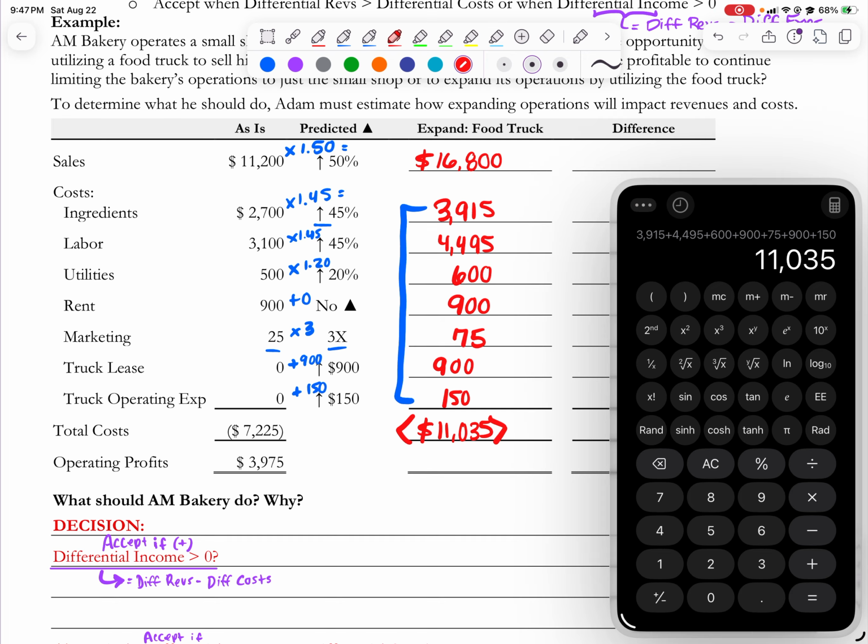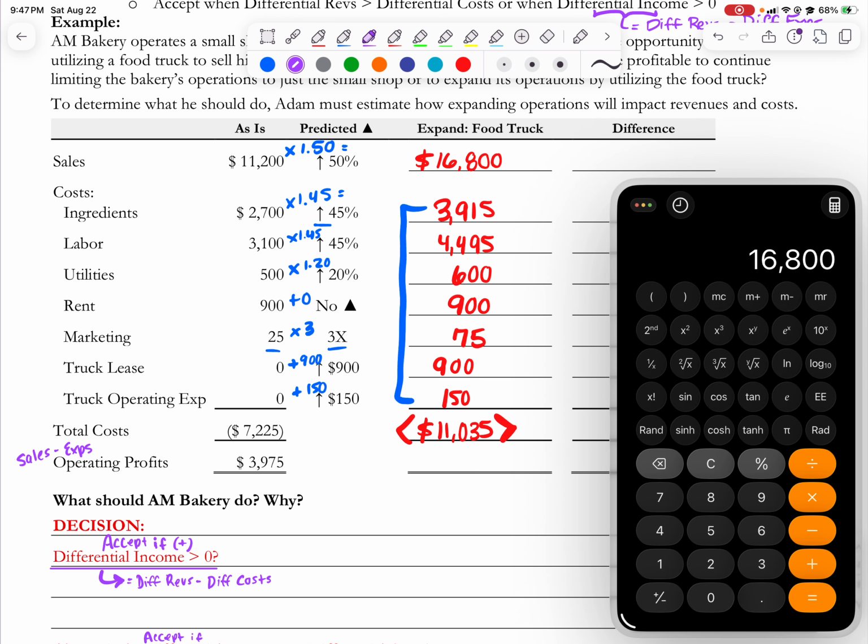That is in total cost. So those have a negative effect. So my operating profits, so my sales minus my expenses or cost, 16,800, my sales up here, minus 11,035, is $5,765.